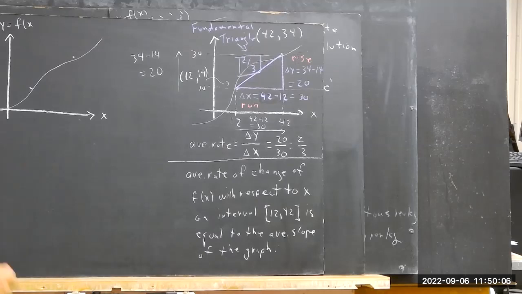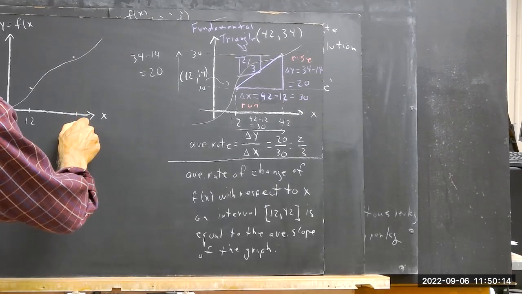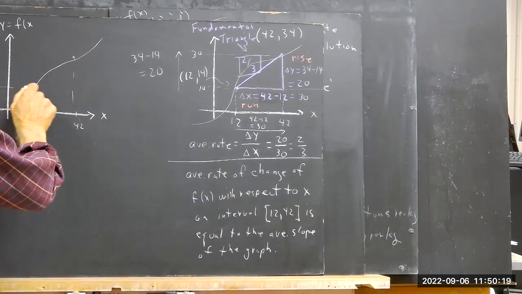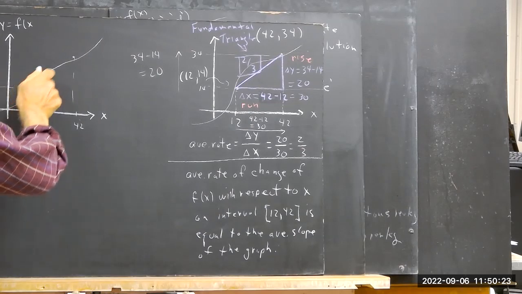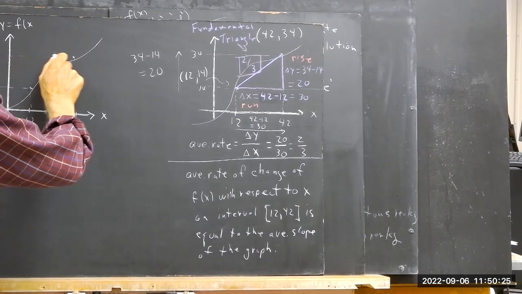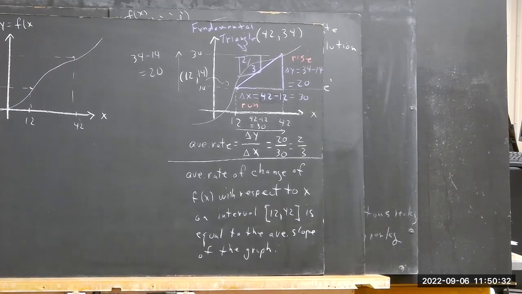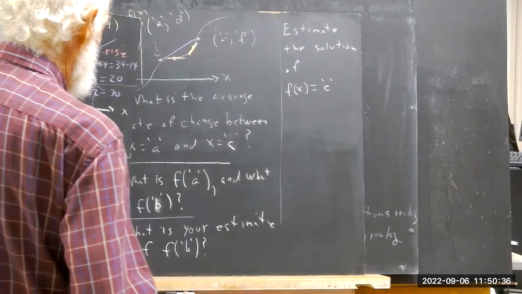It doesn't look all that much like this one. Everybody had a different graph anyway. Okay. And let's say again that here's 12. Here's 42. Here's 14. And here's 34.